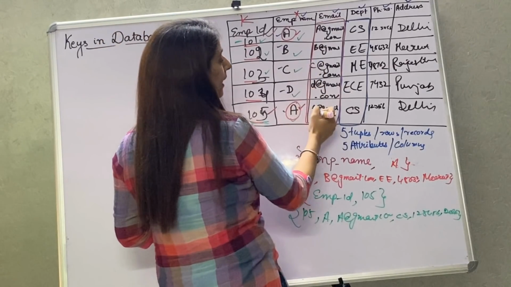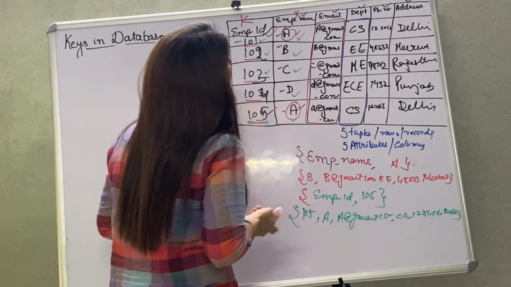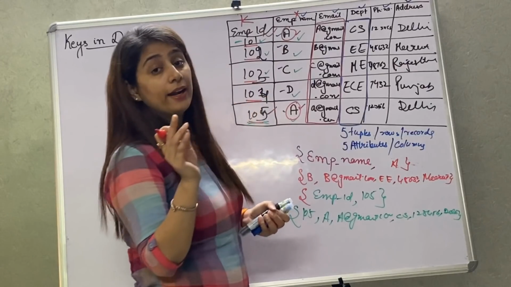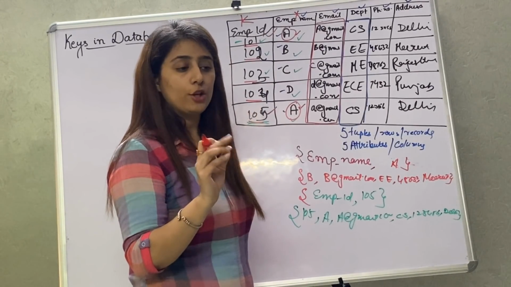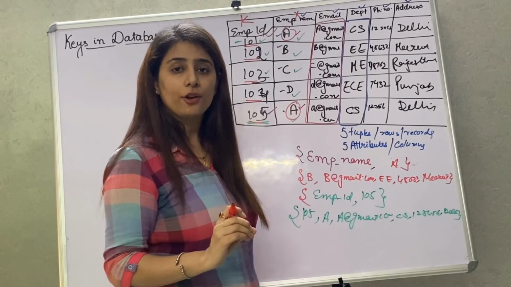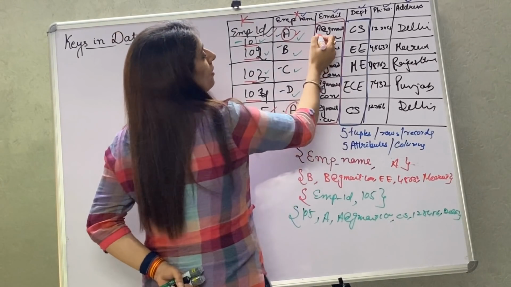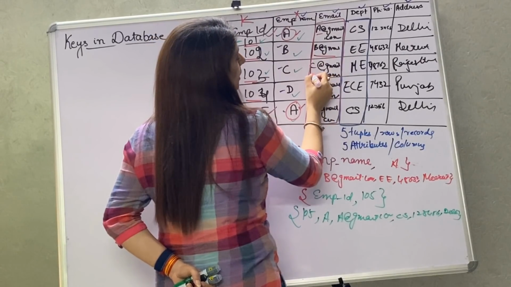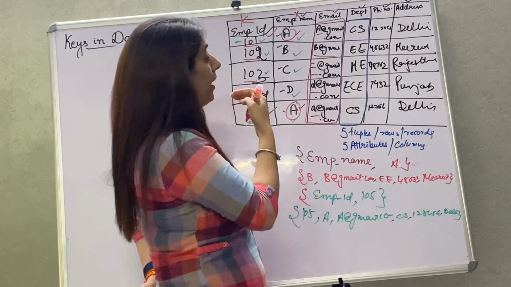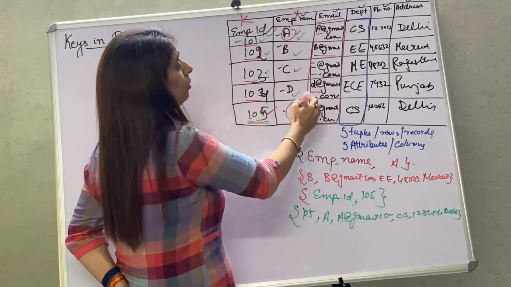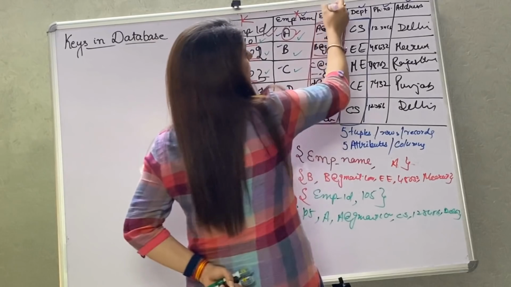In the same way, email ID. Email ID is also different for different persons. Two persons cannot have the same email address. So this is different, this is different, they are different. So here we can have a key.